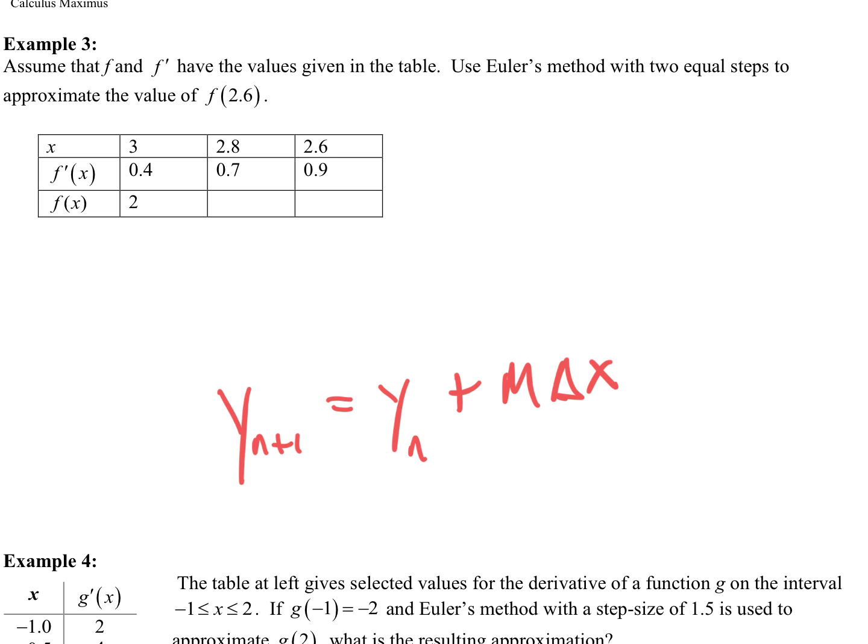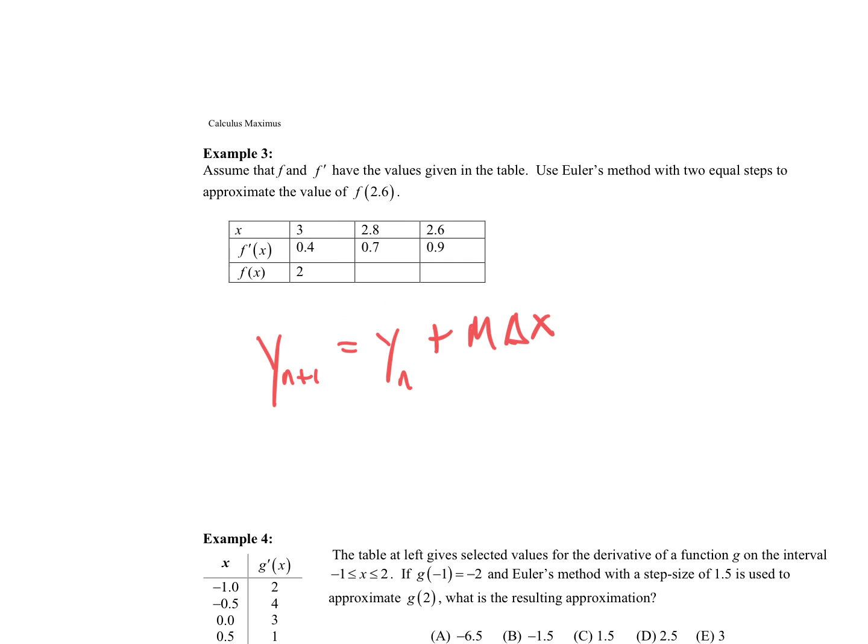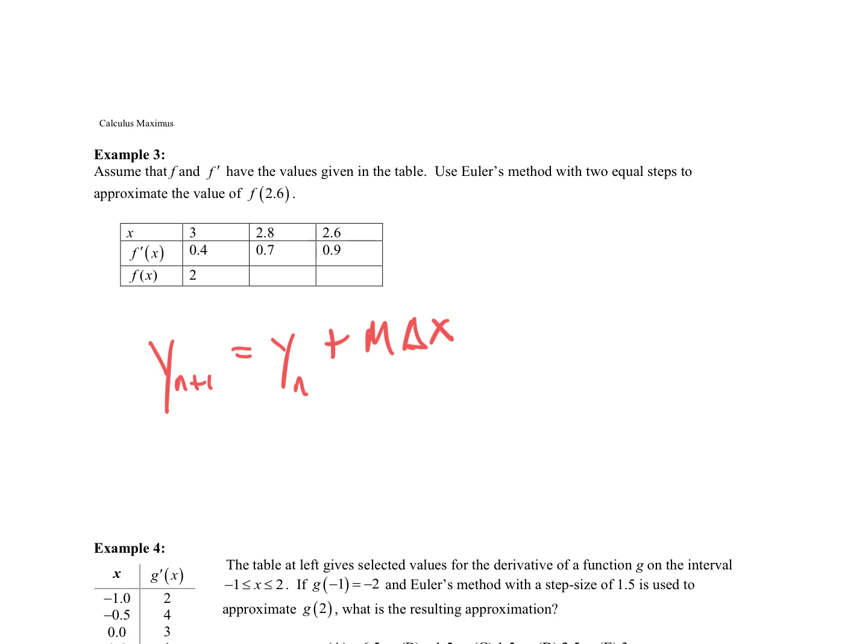Okay, move it on up. So here we have a situation where we're given the value of f and f prime at certain x values. We want to use Euler's method in 2 steps. Notice there's 2 steps to approximate f of 2.6.